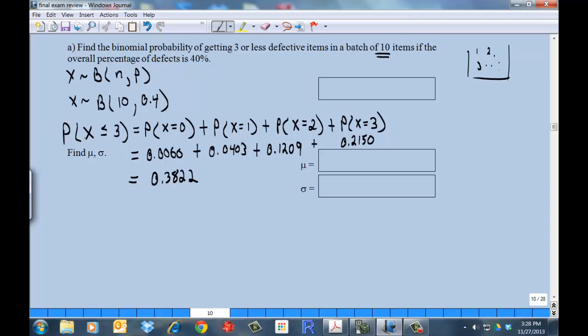Now that's the first part of the question, and the second part says find the mean and standard deviation. The mean for a binomial is really easy to calculate, and it's just n, the number of trials, times p, the probability of success.